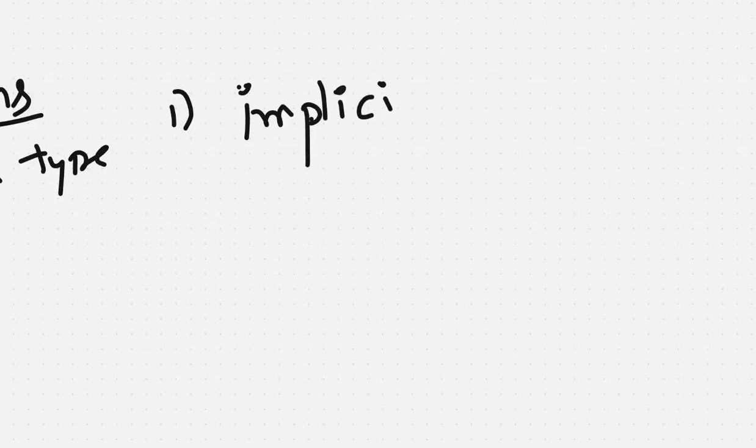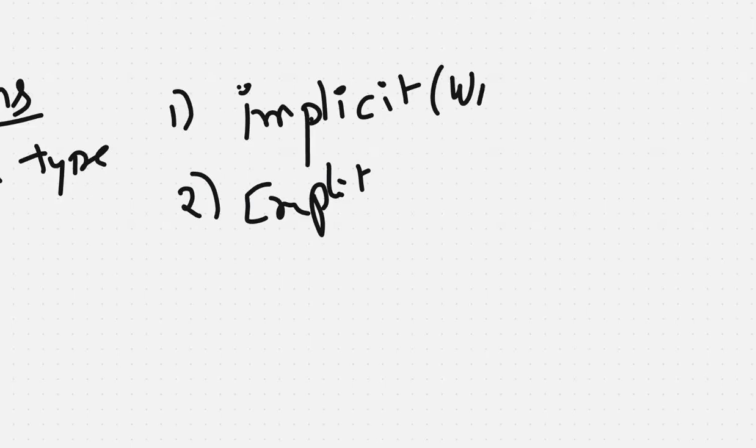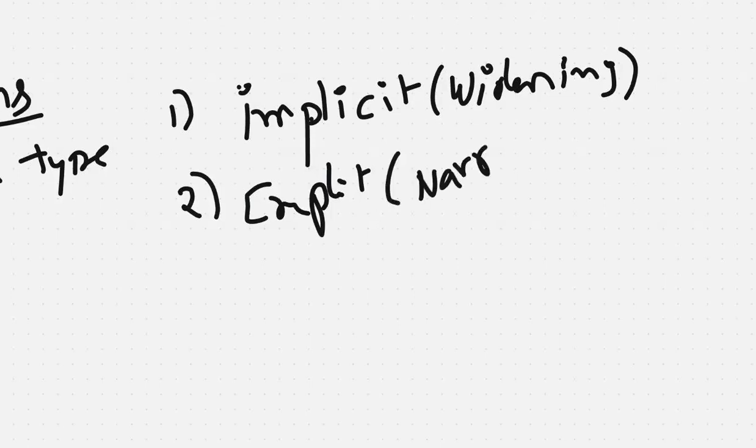So this is the one way, implicit, and the second one, explicit. Okay, so implicit and explicit. Implicit is also called widening. Note some terms: this is called widening. And explicit is also called narrowing, or type cast.